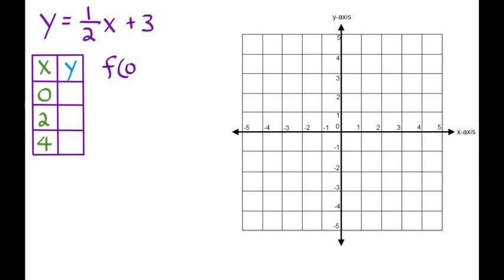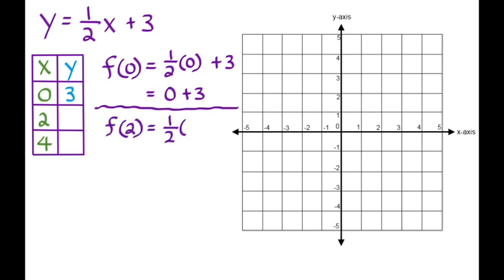So half of nothing is nothing, right? And so that's just going to be 3. We also know that as the y-intercept. When x is 0, y is 3. And that will be on the y-axis, right? Because there's no x value. And when x is 2, well, half of 2 is 1, and 1 plus 3 is 4.